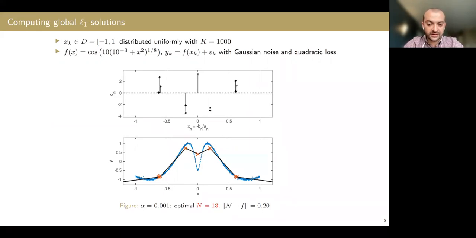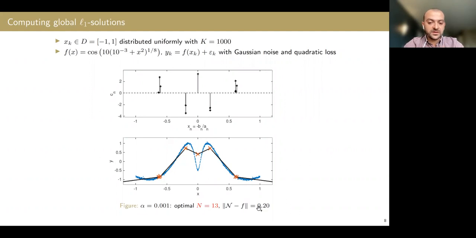We look at the quadratic loss, just like we had before. In this picture, we set alpha to be 0.01, and we solve this problem up to a certain precision. The fidelity term was 0.20 here.